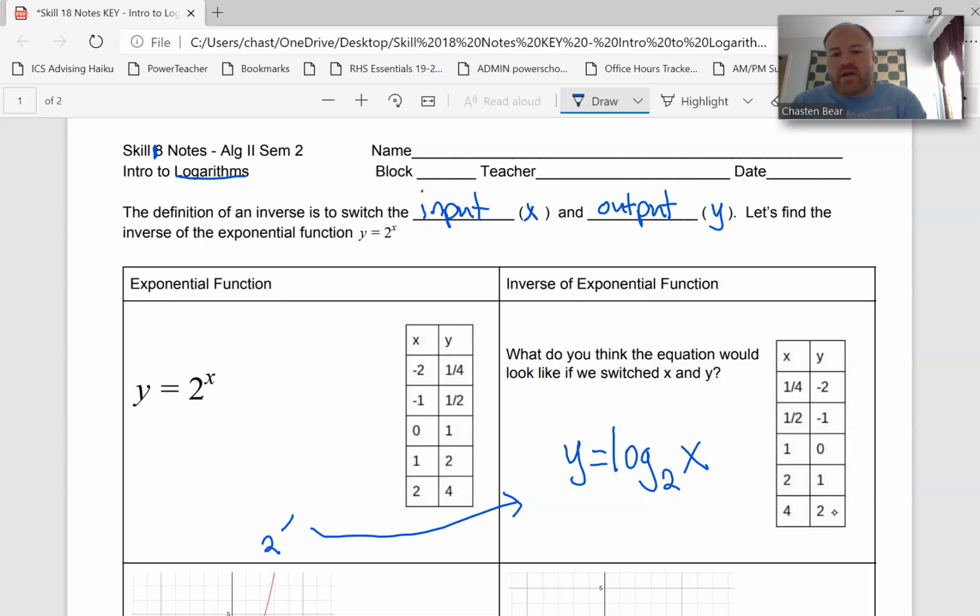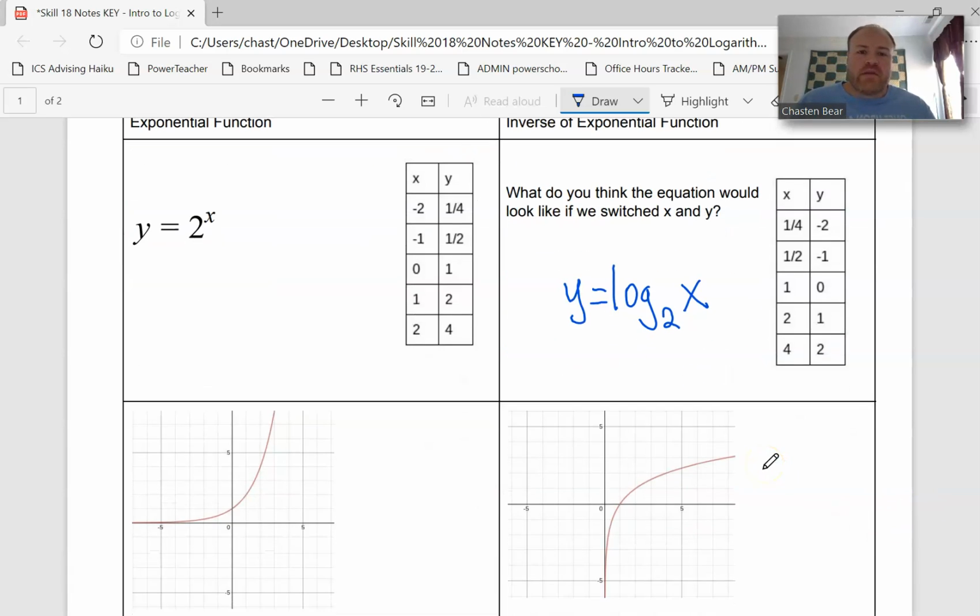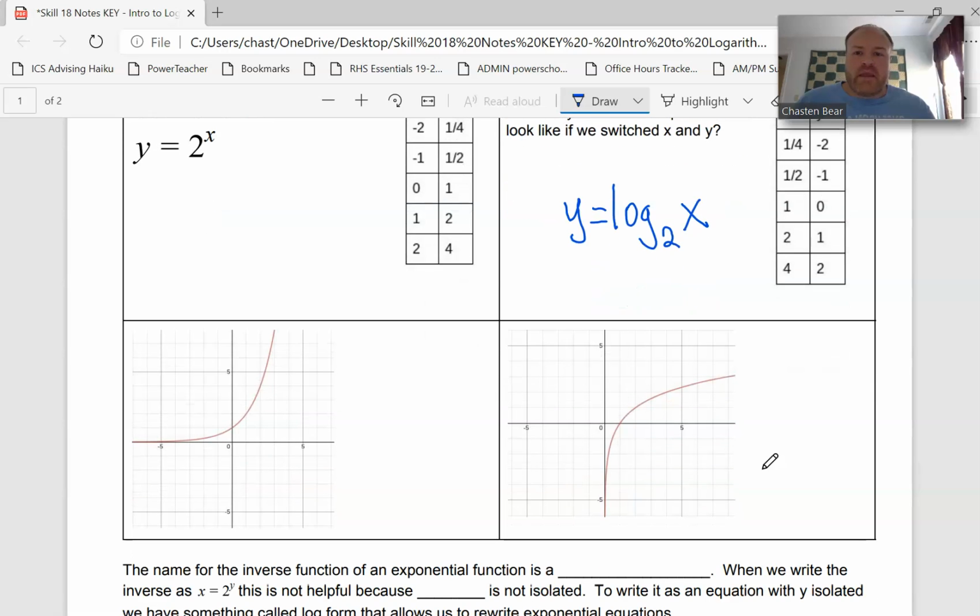Because this is something completely foreign for most of you, let's start with the graphical perspective. Y equals 2 to the x is exponential growth. We know it's growth because we have a b value greater than 1.